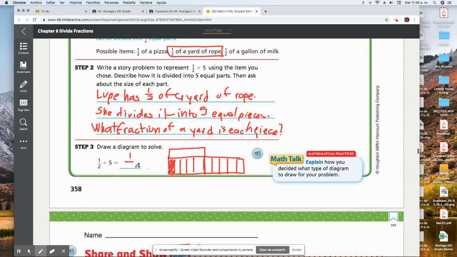To find the denominator, I count how many pieces are all together in the diagram. 1, 2, 3, 4, 5, 6, 7, 8, 9, 10. So that's my denominator. Each piece of this ribbon will be 1/10 of a yard.